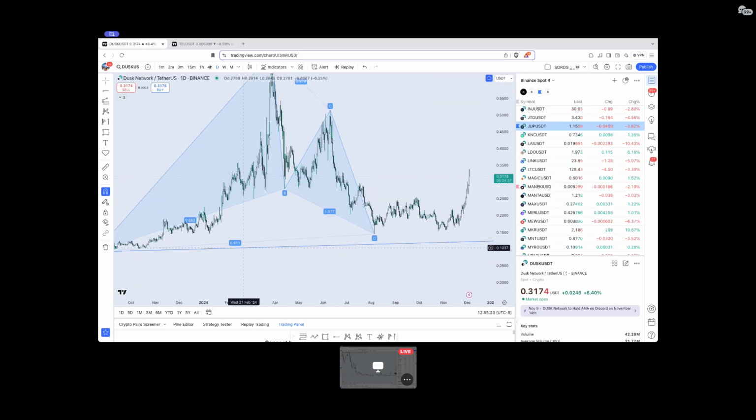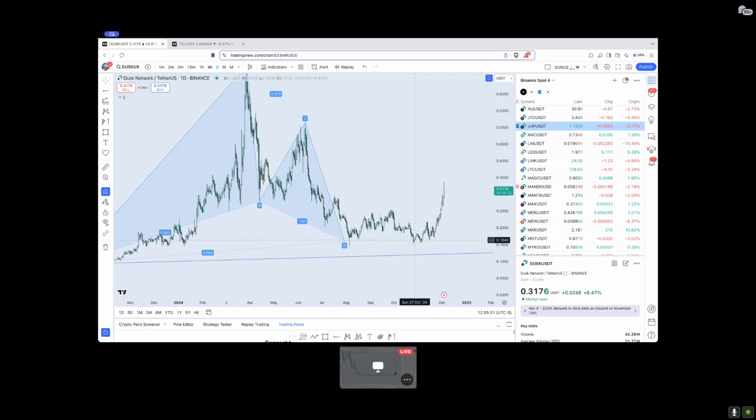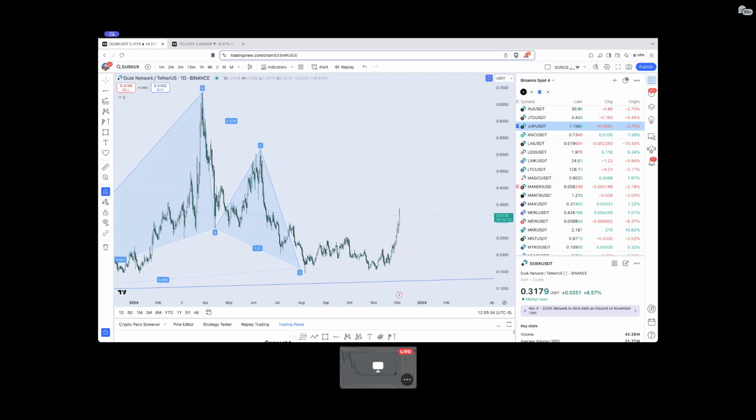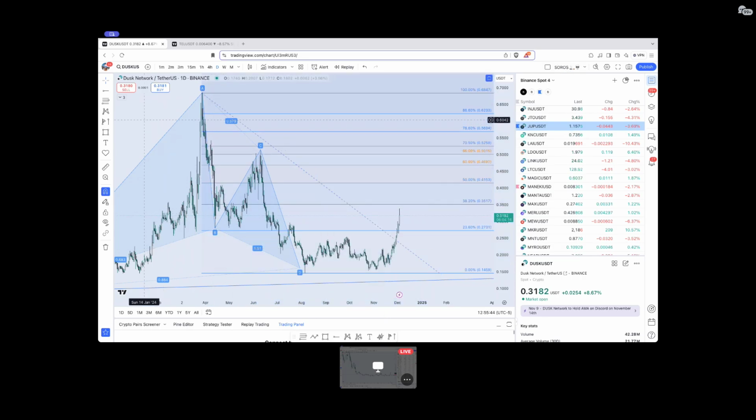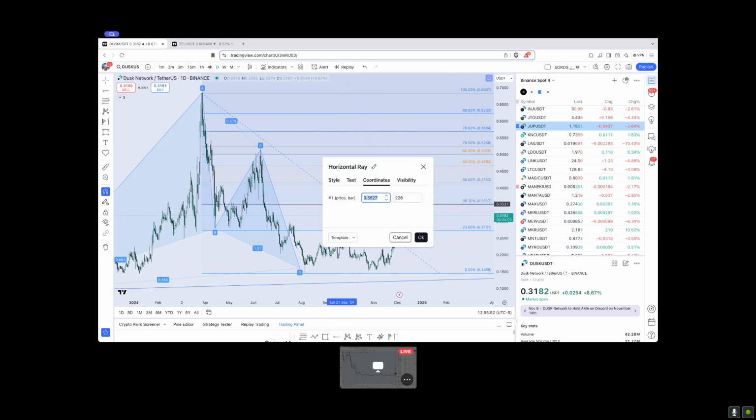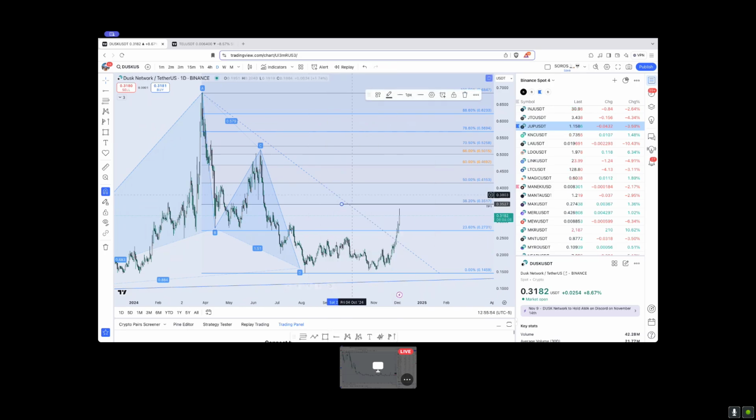So that wick pulls it to the 911 instead of 886, but the real harmonic is right there. And this is your check back. So your first target is going to be the 382 and then the 618. So it's approaching TP1 right now, right here, 382. And then you have TP1, and then you have TP2 right here.